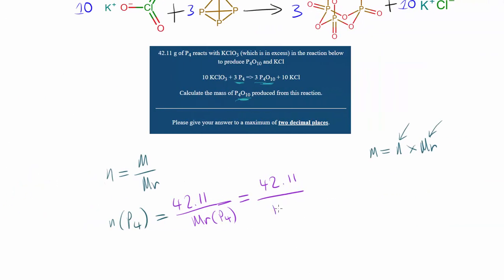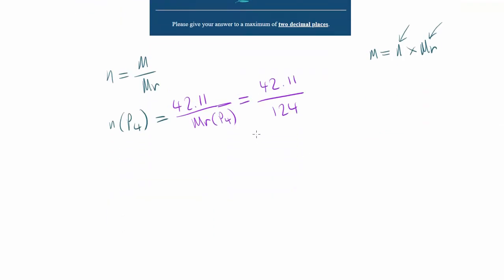So we just plug that in, and this is going to give us our number of moles, right? So if you work that out, what you should find is you get 0.3395968, and that's going to be in moles, right?